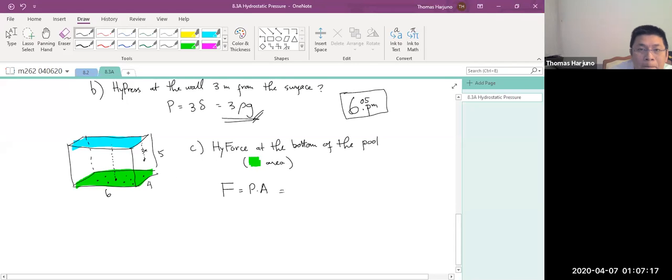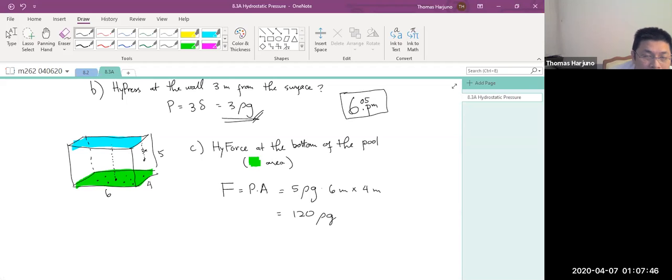So the pressure we had earlier was 5 rho g. I just need to multiply by the area of the green region, which is 6 meters times 4 meters. That will be 120 rho g, again because any point in this green region has the same pressure.